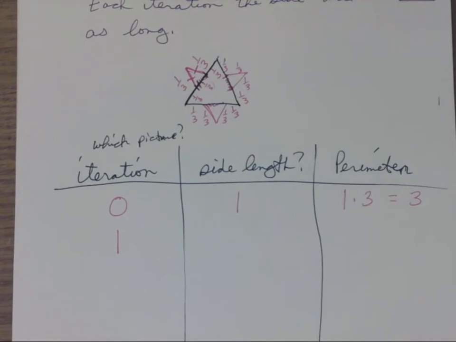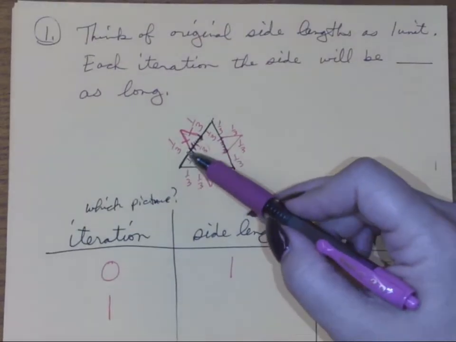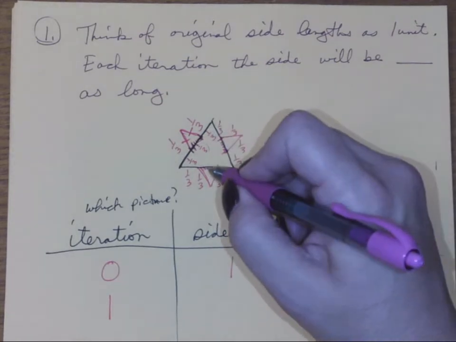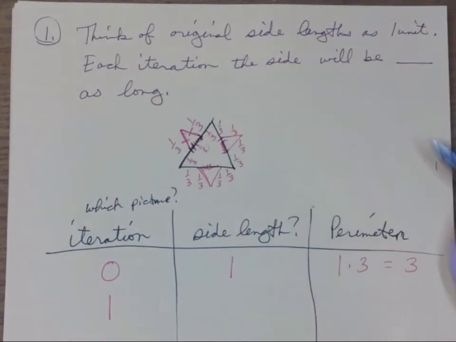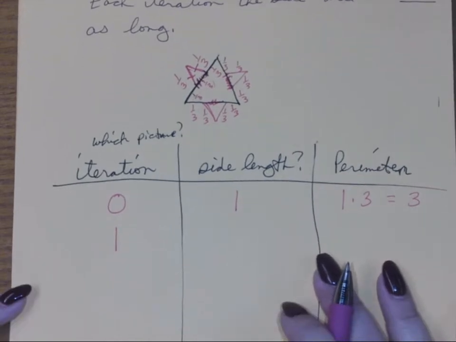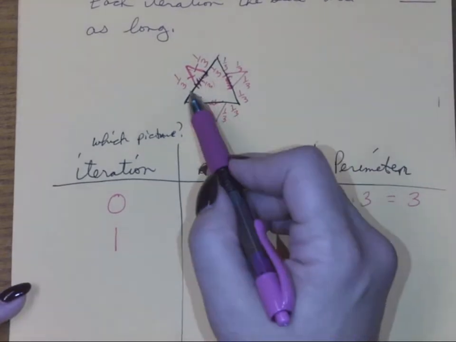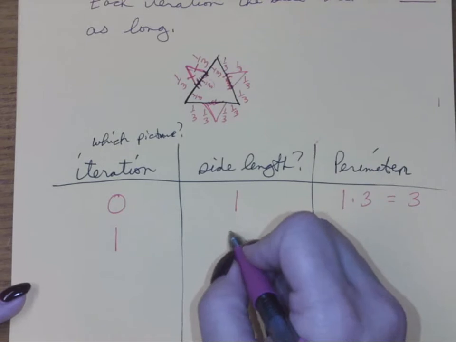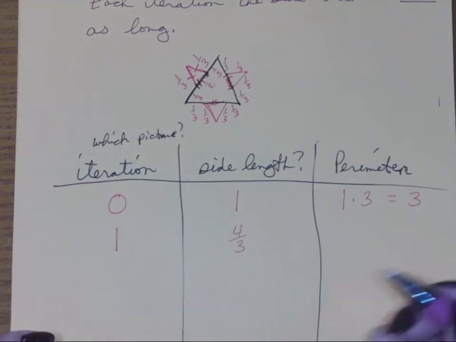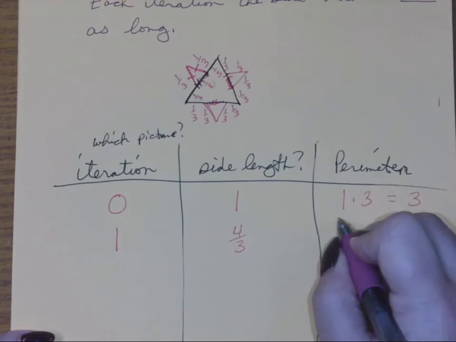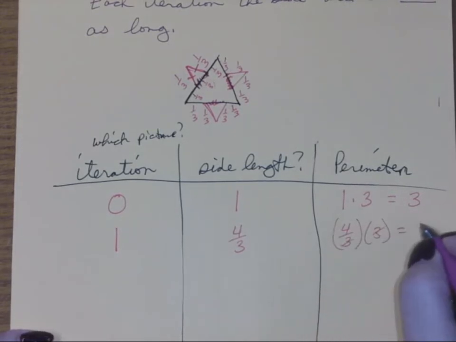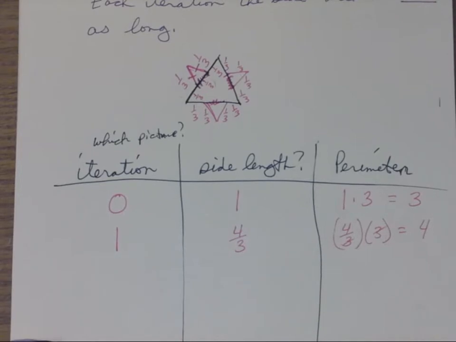I've divided 1 time each of the sides. So this figure right here, exactly the way I have it pictured. Get rid of these inside pieces, just the perimeter. Okay, 1 time. Each side length became 1, 2, 3, 4 thirds, right, is what we said. Okay, so the side length is 4 thirds, and there are 3 of them. That makes my perimeter 4.